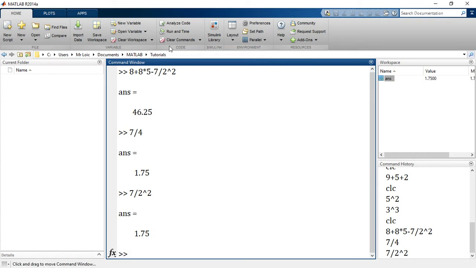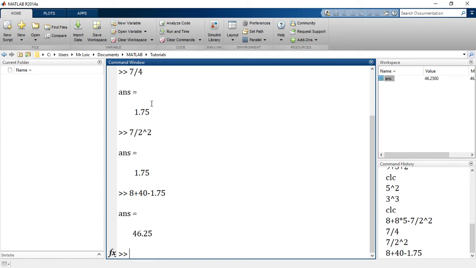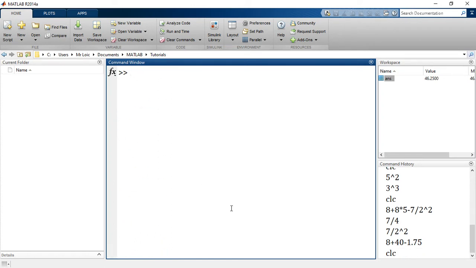You see that it has first of all done the exponential before dividing 7 by the result, because exponent has priority over division. And then if we do 8 plus 40 minus the 1.75, we get 46.25. Okay, great.